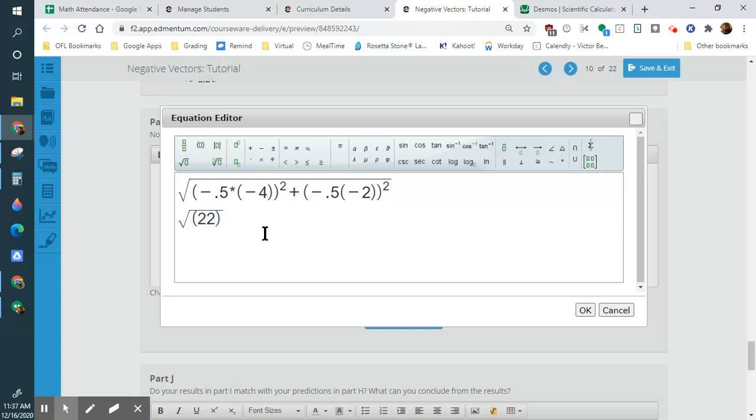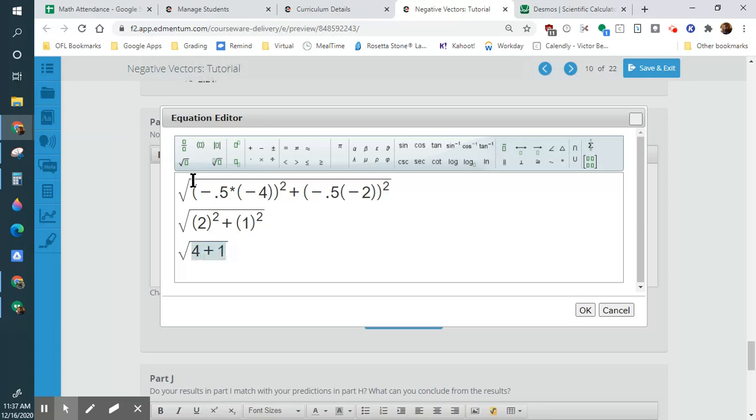So this would be 2. So that would be 2 squared plus positive 1 squared. And this will end up being 4 plus 1.